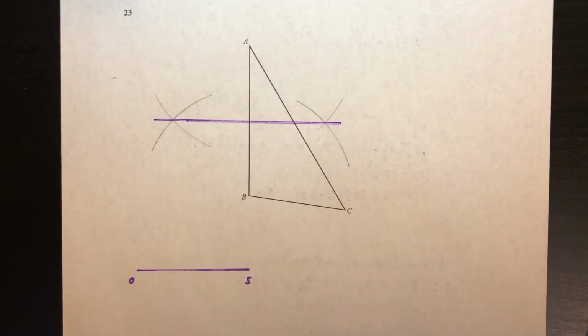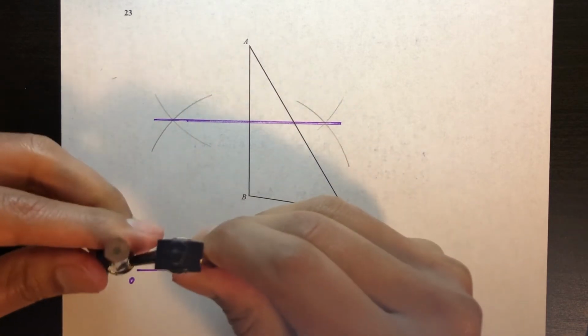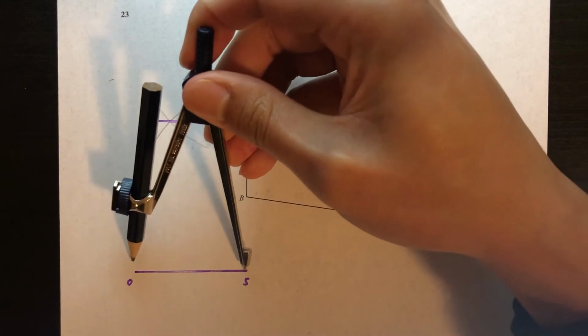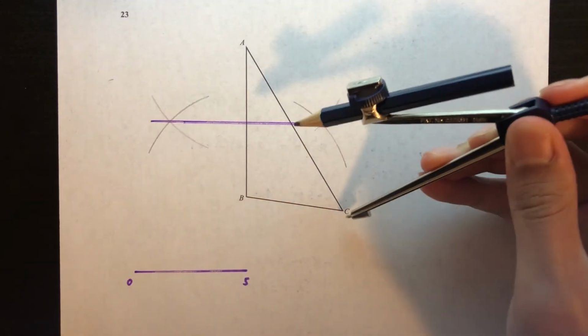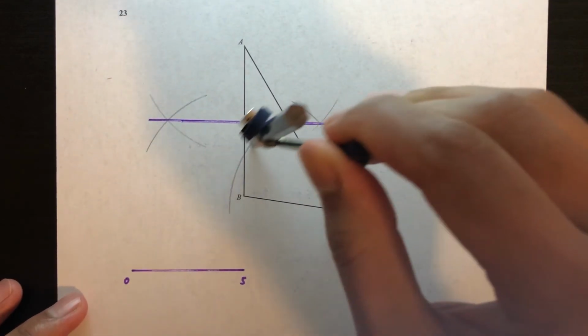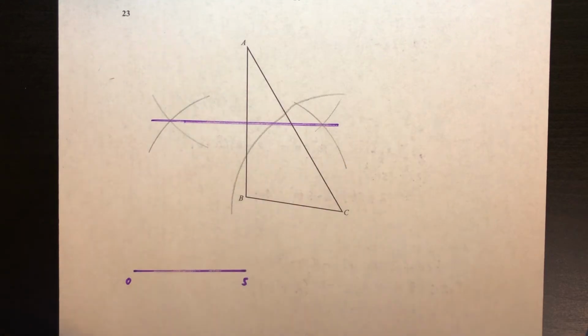So we take our compass, measure 5. And then from measure 5, as you can see, go to point C and draw the arc. So I think I made a mistake.